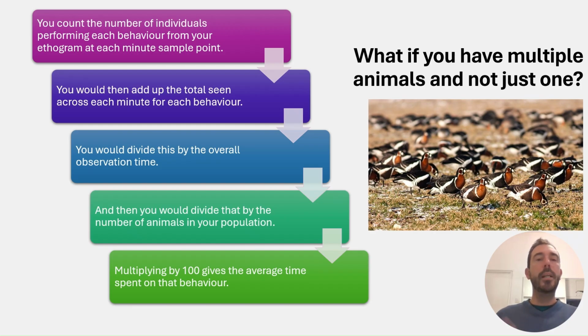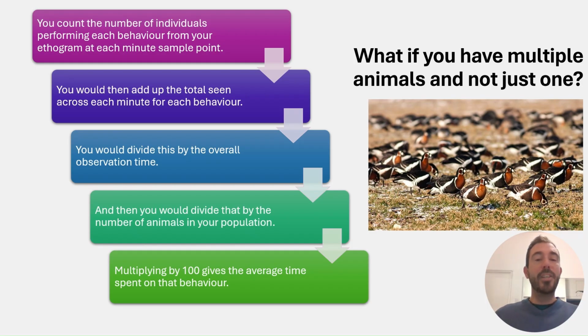Well, you can still apply the same process, but rather than following the individual and recording behaviour at each time period, you would count the number of birds doing the behaviour at each time period. So here in my stepwise chart, we have a count of the number of individuals. Based on your ethogram, what behaviours are they performing at each minute sample point?